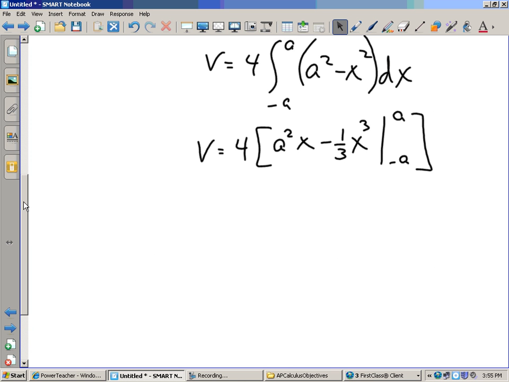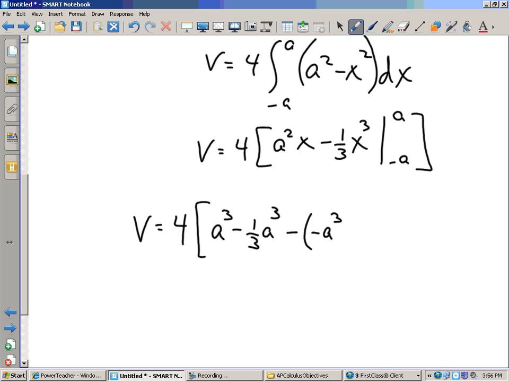Next, let's plug our values in. So volume is going to equal 4 times a squared times a, which will be a cubed, minus 1/3 a cubed, minus, plug in now negative a cubed, plus 1/3 a cubed.